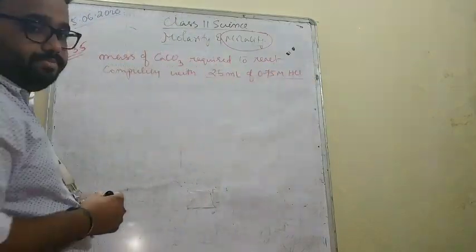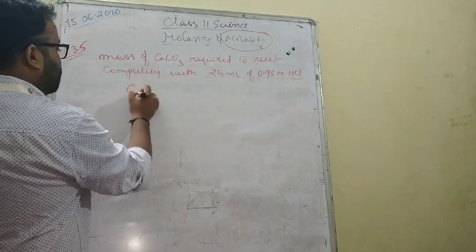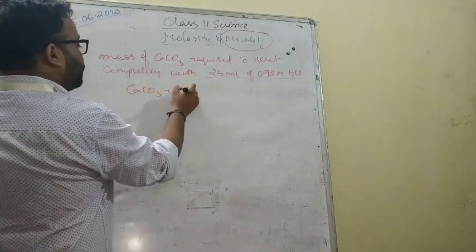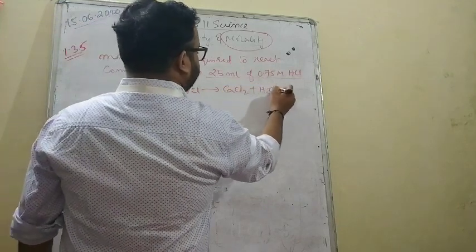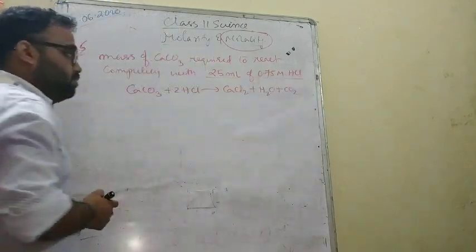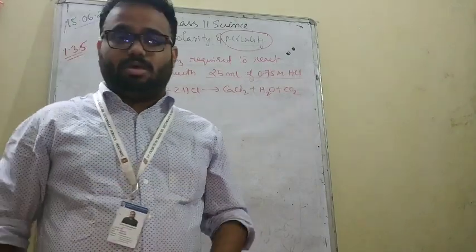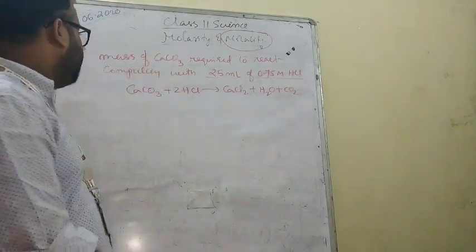This is the question. And the equation they have given is CaCO3 plus 2 HCl gives CaCl2 plus H2O plus CO2. Clear? This they have given you.